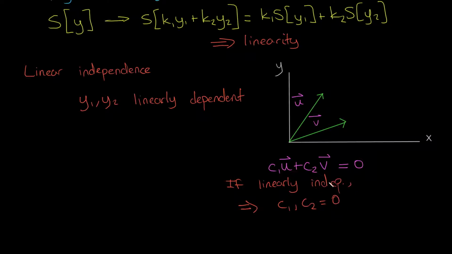And if they're not linearly independent, then there might be some combination of c1 and c2 where this actually will equal 0 without c1 and c2 equaling 0.